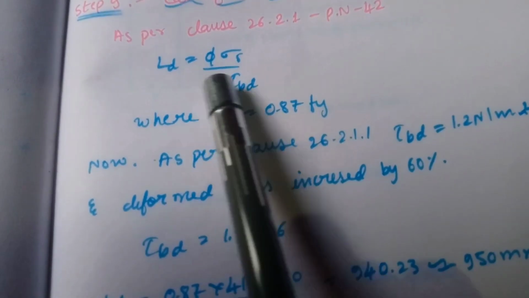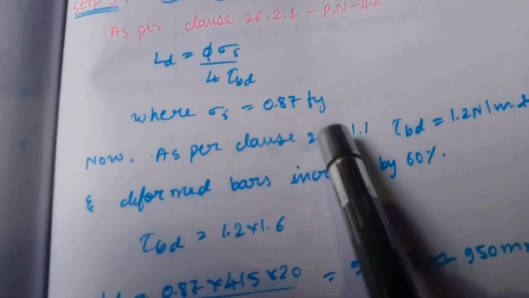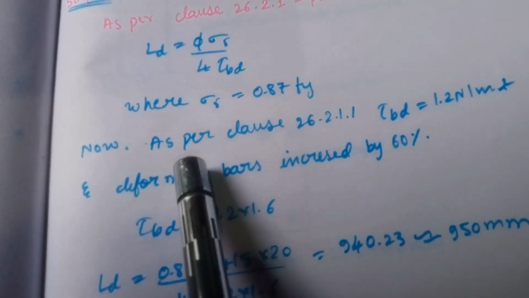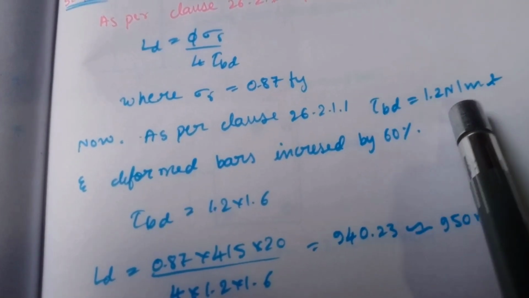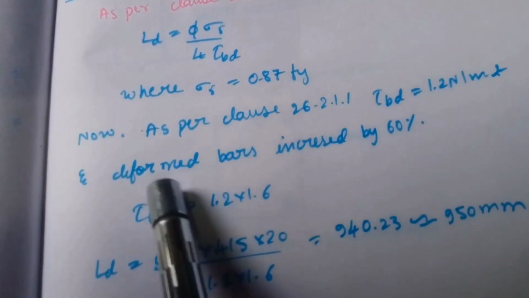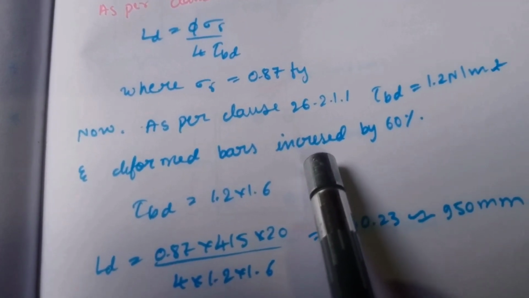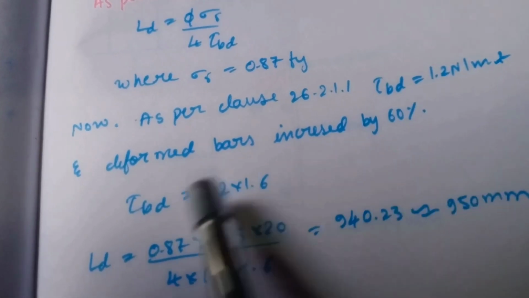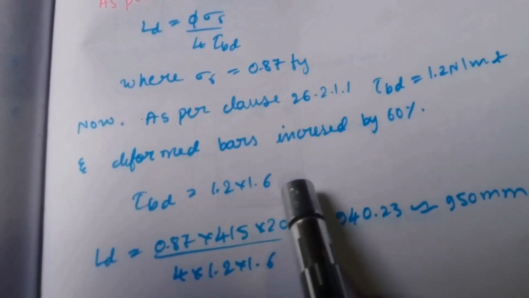So the formula I have written here, sigma s is 0.87 Fy. So as per clause 26.2.1.1, tau bd value is 1.2 Newton per mm square. And as it is deformed bars, the value is again going to increase by 60%. So that's tau bd value, 1.2 into 1.6.